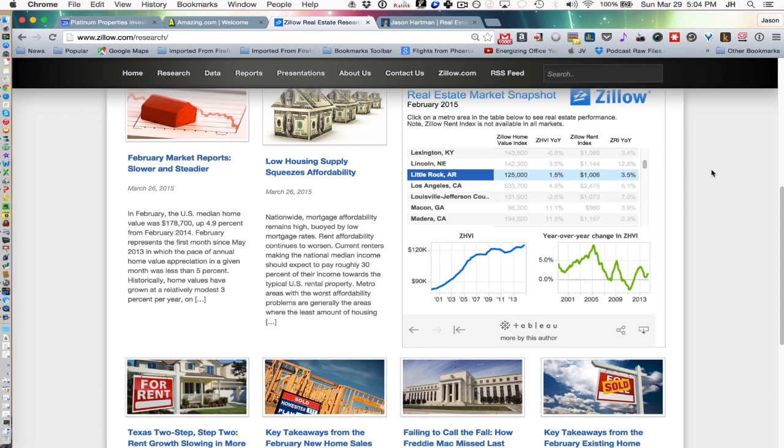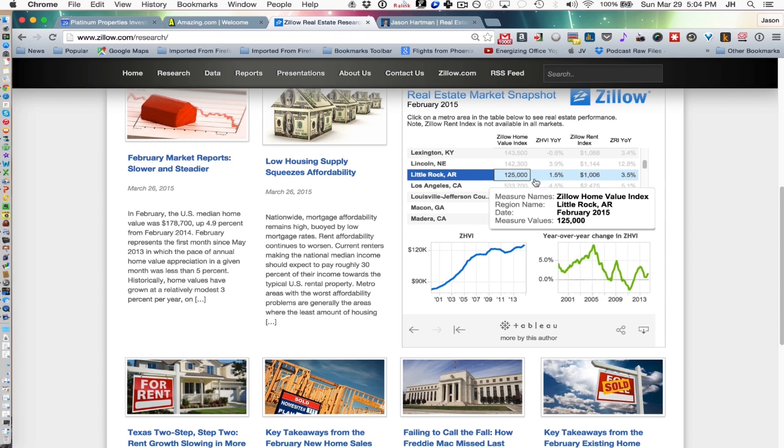125,000 price index, 1.5% year-over-year appreciation. Nothing to brag about, obviously. And rent index of $1,006. And the rents are up by 3.5% in the past year. So here you see that you can pretty much almost get 1% of the value per month.